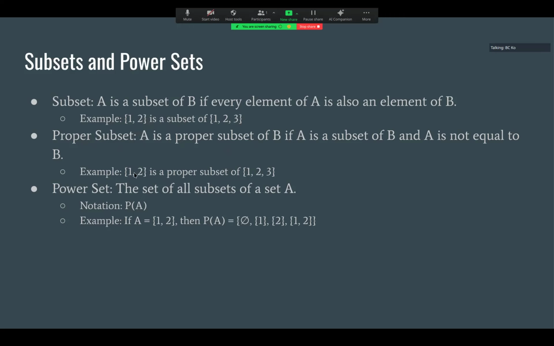So the set {1, 2} is a proper subset of the set {1, 2, 3}.